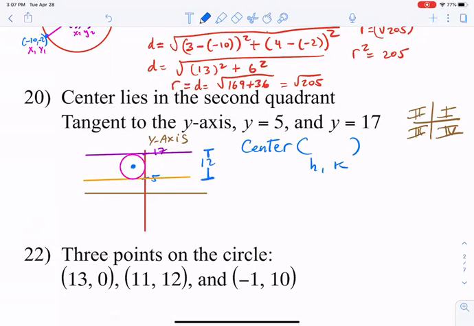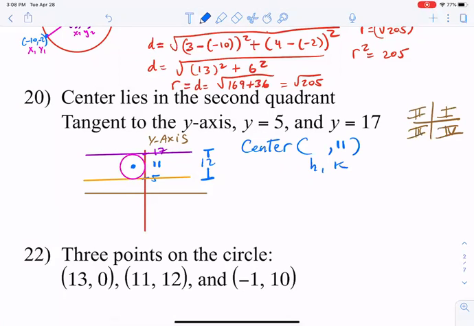Half of that would be 6 units. So if I go 6 units up, I end up at 11. That's the y coordinate of the center, or basically the midpoint between those two numbers. If you add 17 plus 5, that's 22, divided by 2 is 11. So that's the k value of the center, the y component, so this is 11.